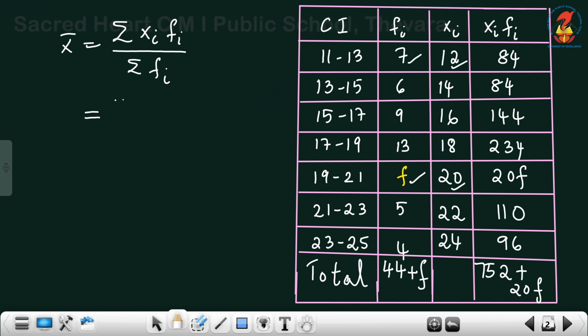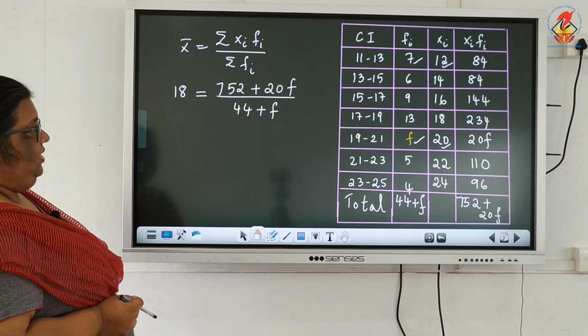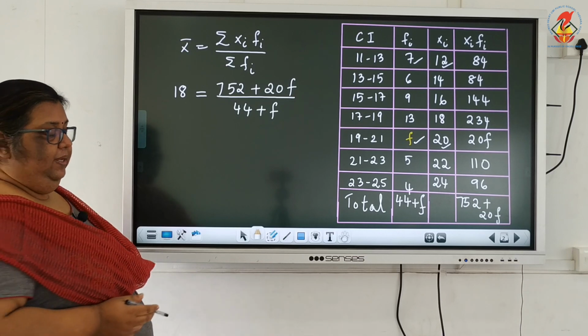Sigma xi fi by sigma fi is 752 plus 20f by 44 plus f. And what was x bar given in the question? That was 18. So 18 is equal to 752 plus 20f by 44 plus f.